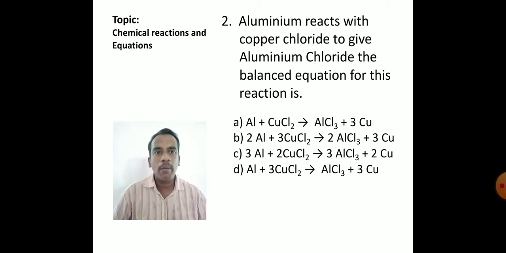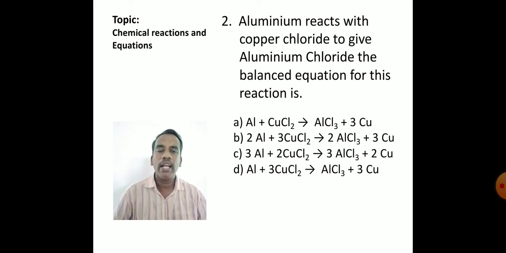Are the chlorines balanced on the product side? Yes, 2AlCl3 means the chlorines are 3 times 2, which is 6. So aluminium and chlorines are balanced. Now how many coppers are left over? We had 3 coppers in the reactants and in the products also we had 3 coppers. Now we can see this may be the balanced equation.